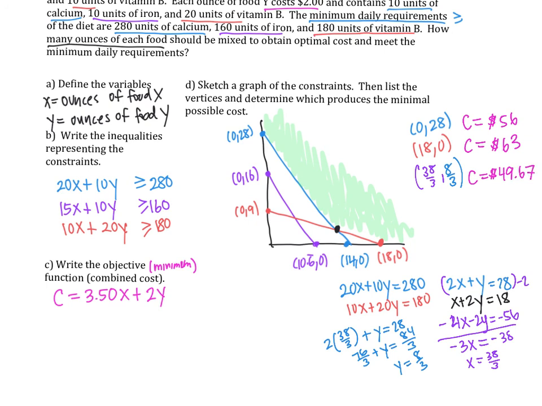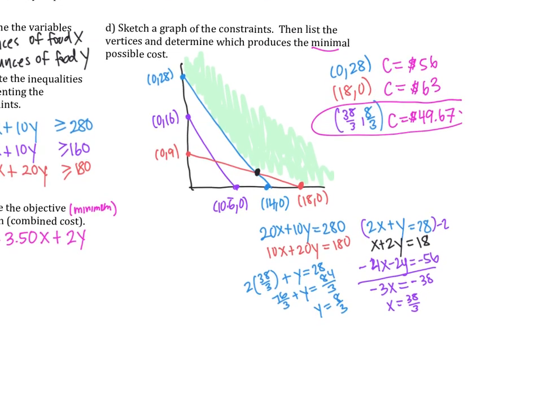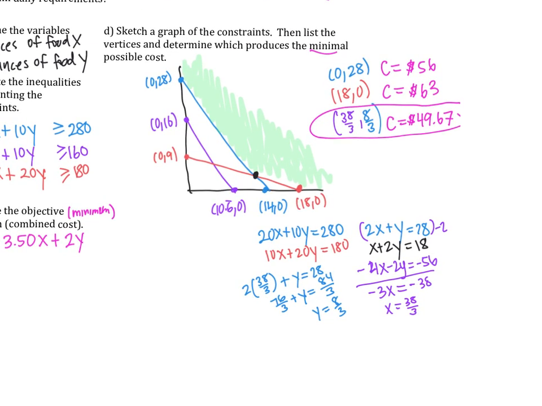What am I trying to do? Minimal cost. So the minimal cost is this one. And then what does the question ask? How many ounces of each food should be mixed to obtain optimal cost? So it doesn't ask me the amount, but I needed the amount in order to determine which one was minimal. So let me write the answer.